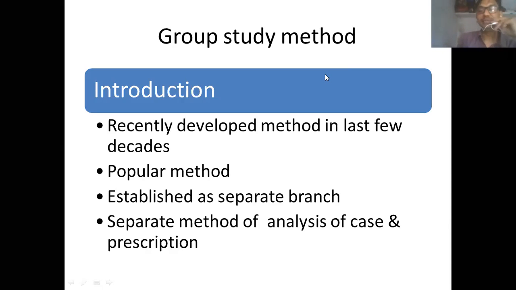Most recently, that means in the last few decades, that is in the last 20, 30 or maximum 40 years, this method has evolved for the study of homeopathic mathematics.